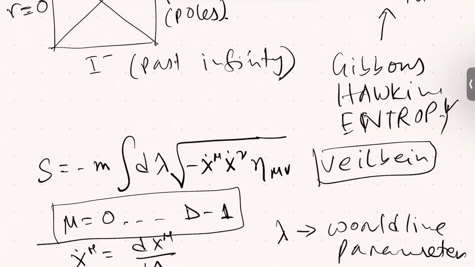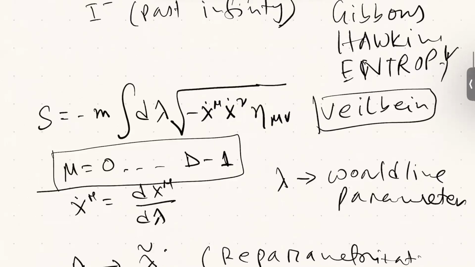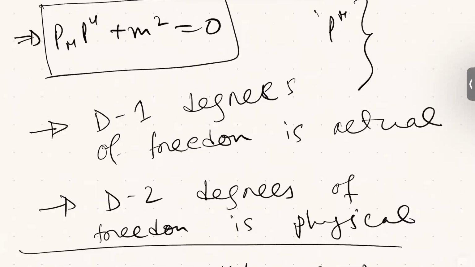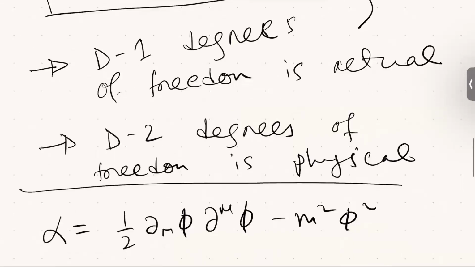Using that formalism, you can see that for massless particles there is another constraint besides this one. And using that, you can actually show that it has d minus 2 degrees of freedom. Good. Cool.